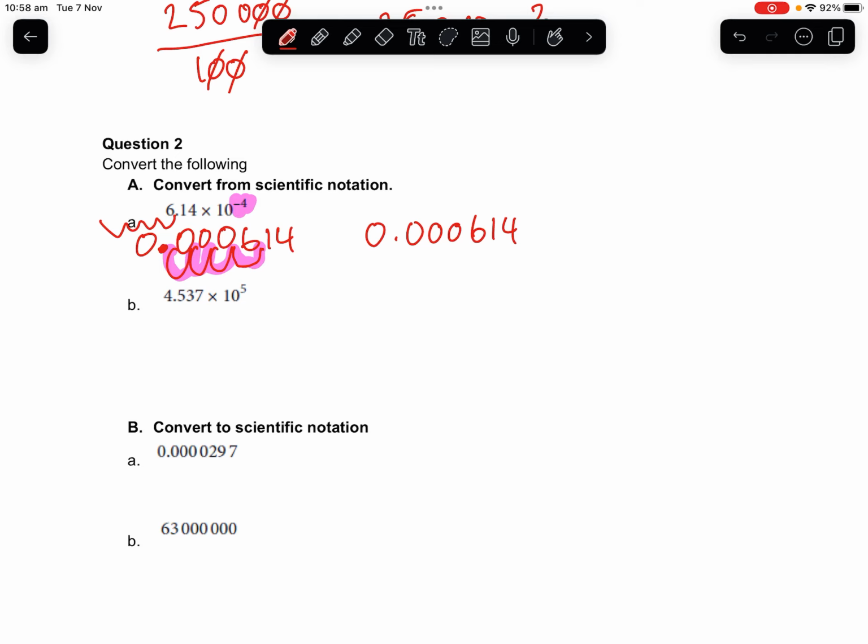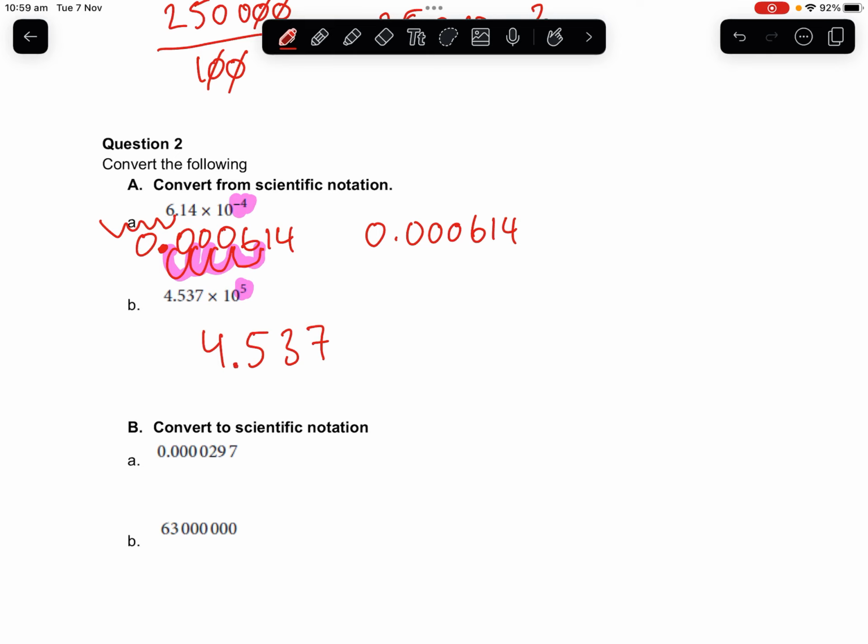Next one. To the power of 5, you're always going to get times 10 to the power of something, either a negative number or positive number. Okay, whenever it is a positive number, you add zeros to the end of the number. So 4, 5, 3, 7.